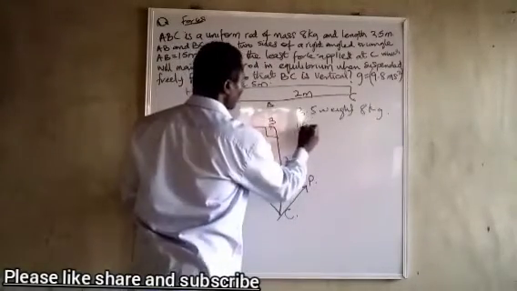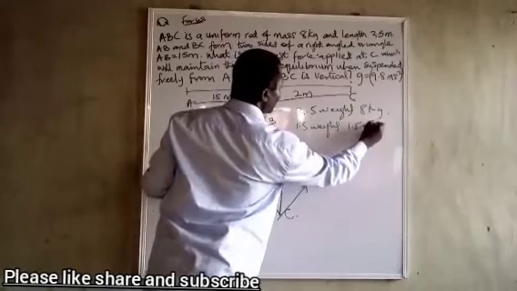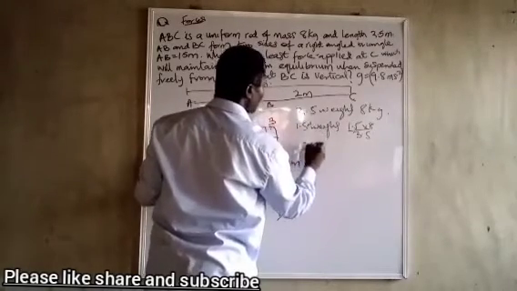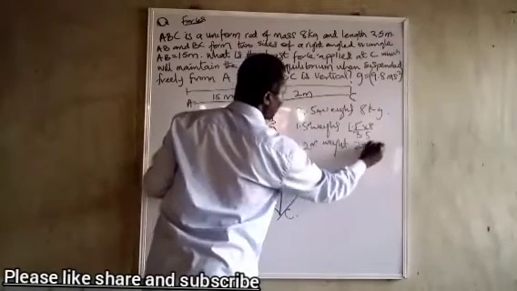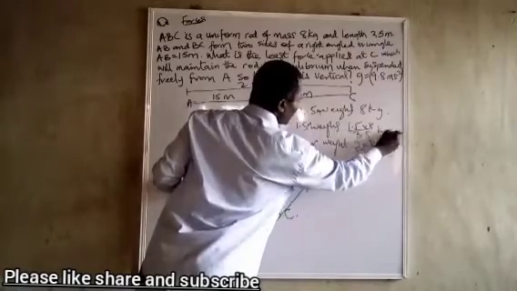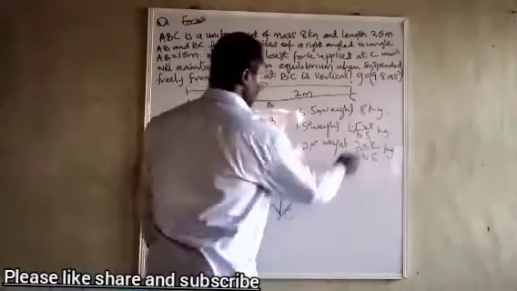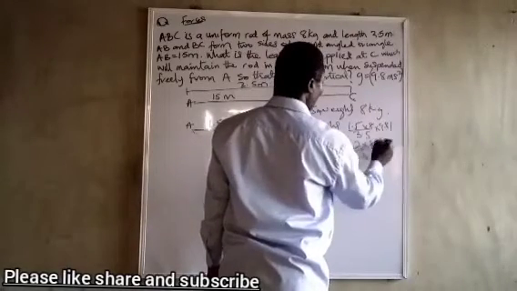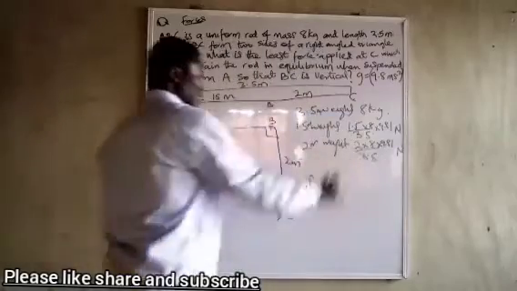Then 1.5 weighs 1.5 times 8 over 3.5. 2 meters weighs 2 times 8 over 3.5 kg. And you have been told that g equals 9.81 meters per second squared. So we multiply this one by 9.81, this one too by 9.81. So we have it in Newton now.